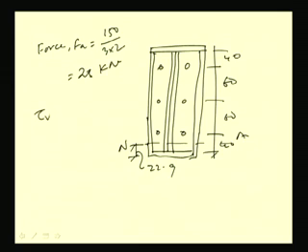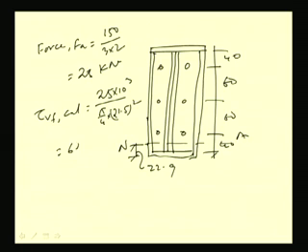So, tau VF cal can be found out: 25 kilonewton by area of the rivet, pi by 4 into 21.5 square. So this is becoming 68.86 MPa, which is less than 100 MPa. So this is okay from shear stress point of view, right.